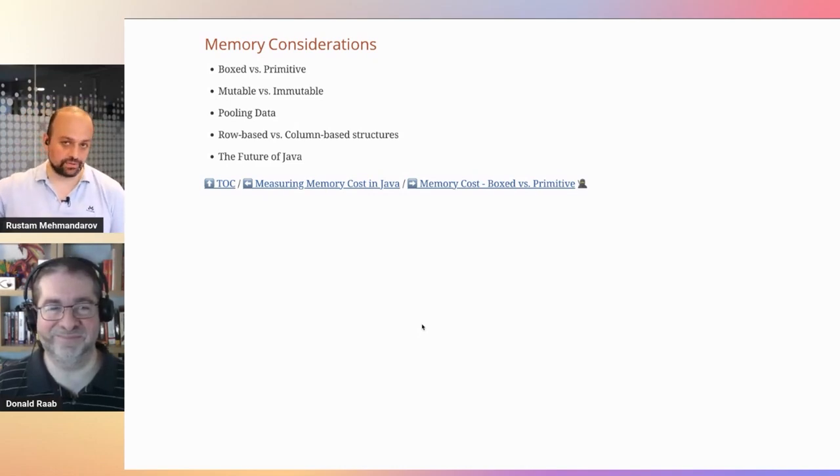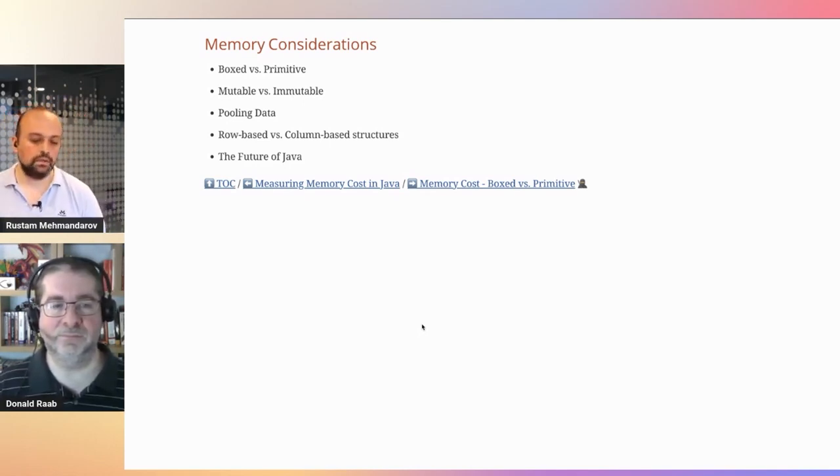So boxed versus primitive is a thing we'll be thinking about. Also, we'll be talking quite a bit about data structures that are mutable versus immutable. We'll be talking about data pooling and what that actually means and what results it will give you.